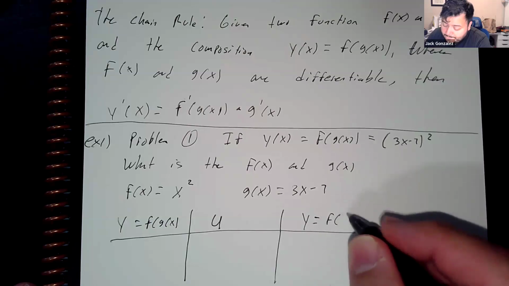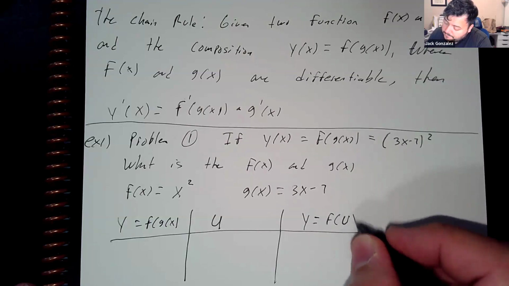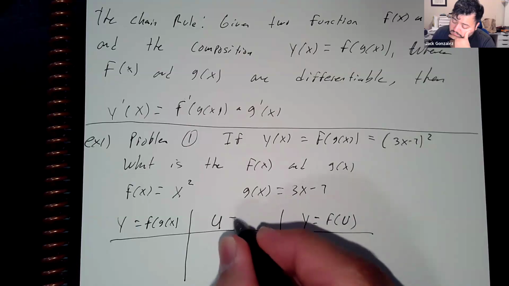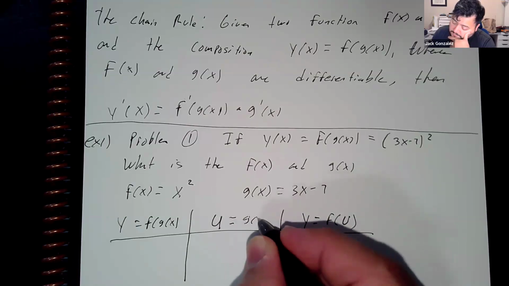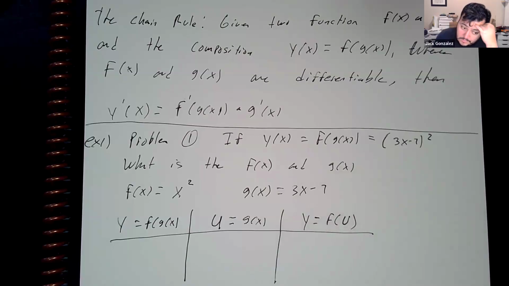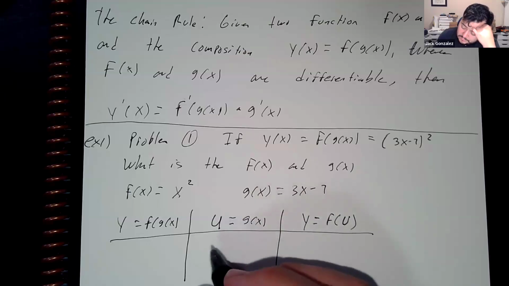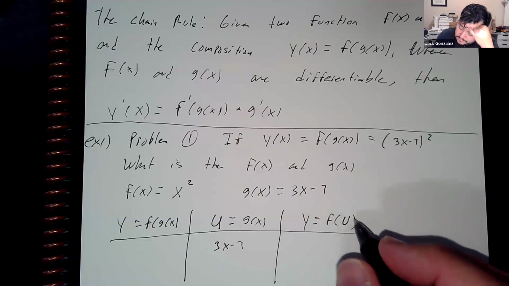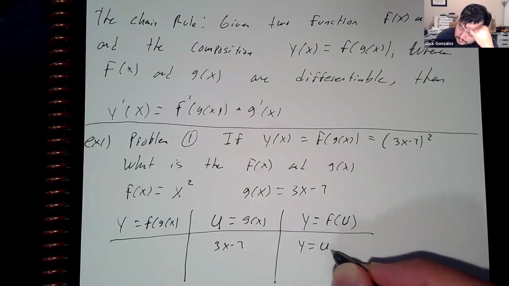They try to relate it to composite functions. So trying to identify the inner and outer kind of helps understand. So they're doing substitution. So if the inner is u, that would be simply 3x minus 7. The outer function would be u squared.